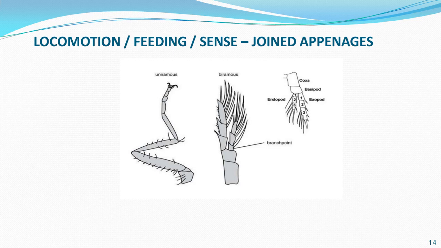Then it is useful for feeding purpose. With the help of these appendages, it captures prey and feeds. So that's why it is useful for feeding also. And of course, it performs as one of the sense organs. It can feel the sense also, right? So that's a specific character of phylum Arthropoda.